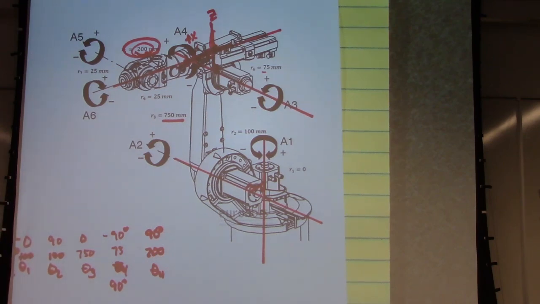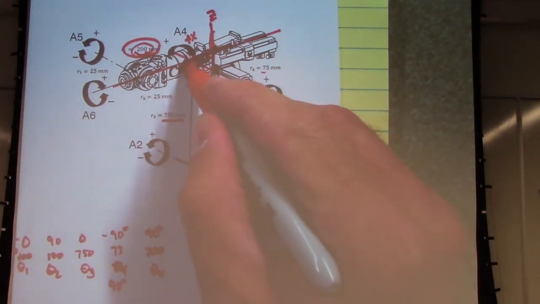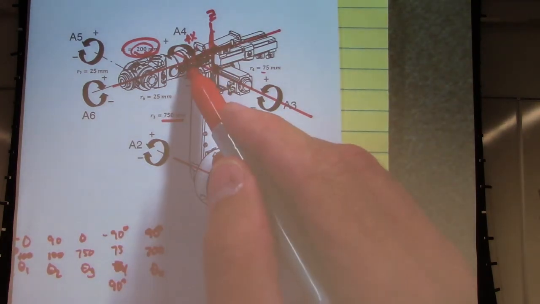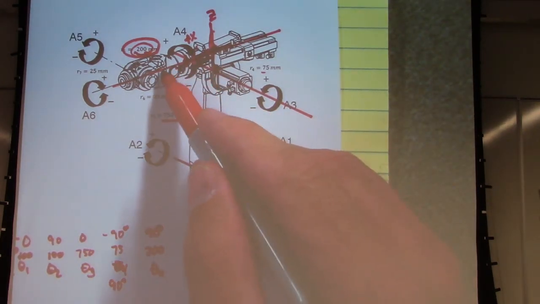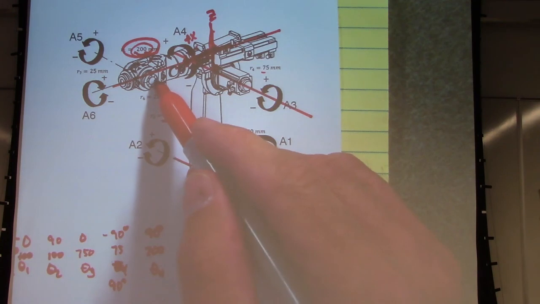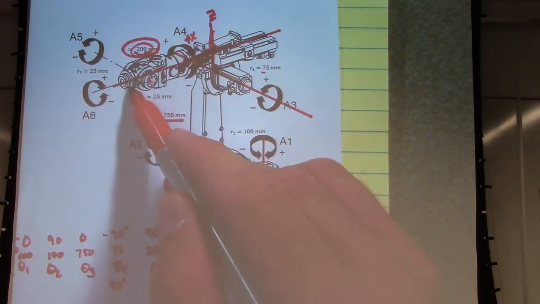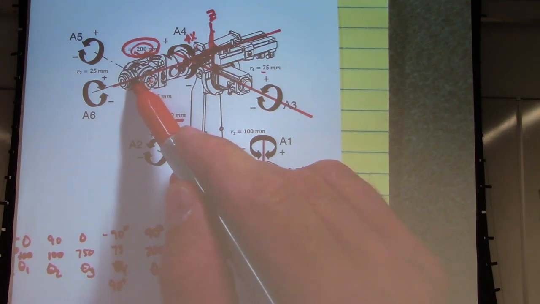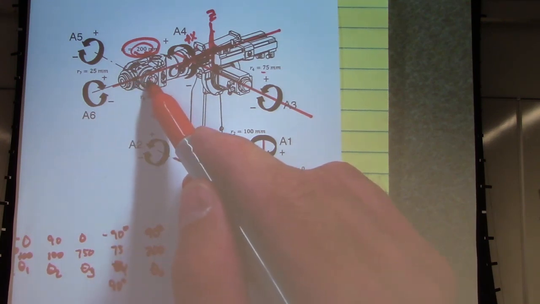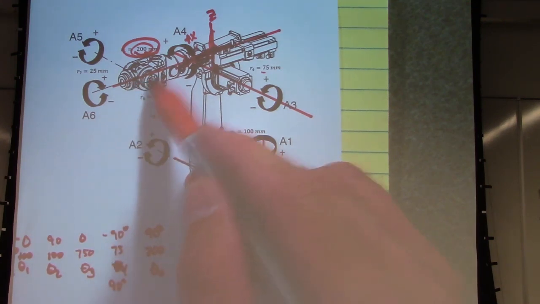Okay, once we get to our A4 joint, then we see that we have a revolute joint about Z, and then A5 is on the Z axis.